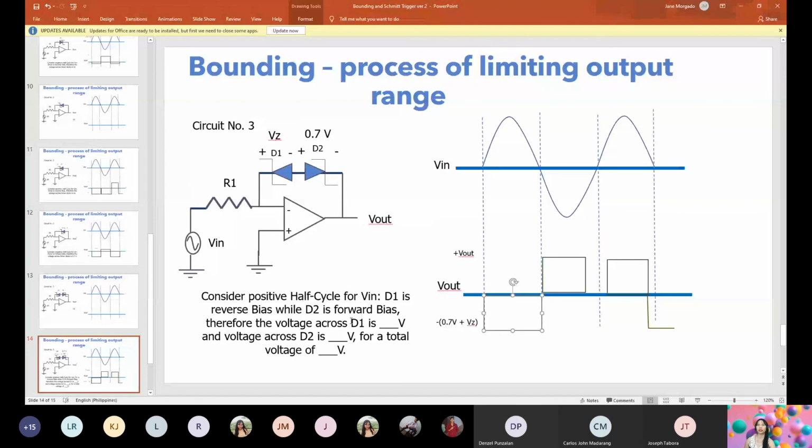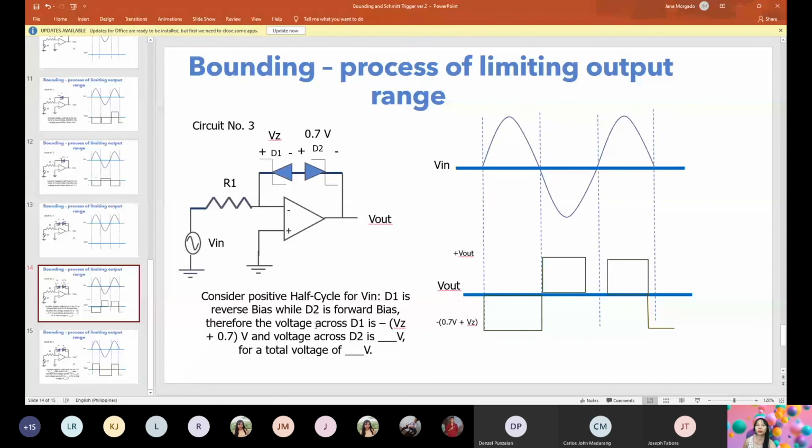The answer here is negative VZ plus 0.7. D1 is VZ and D2 is 0.7.